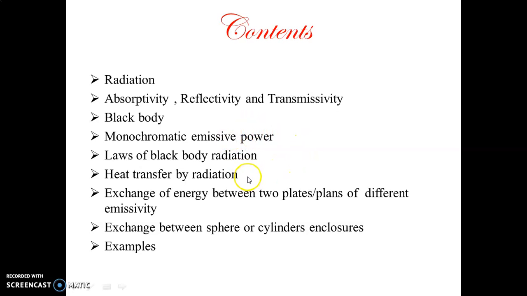Then we discussed some laws of black body radiation like Kirchhoff's law, Stefan-Boltzmann law, Planck's law, and Wien's displacement law, and then we took one example of how to calculate the heat transfer by radiation.